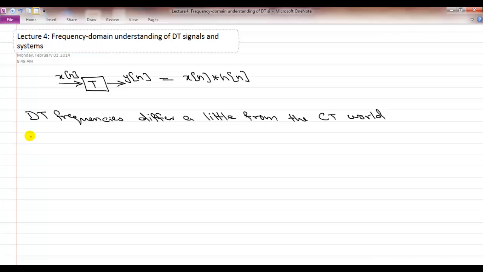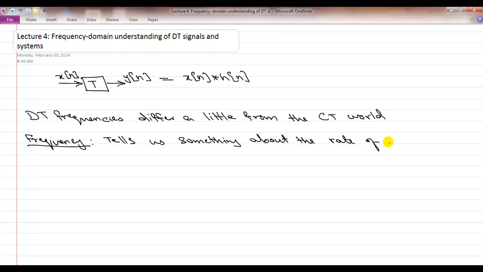Heuristically, the meaning of frequency stays the same, which is it tells us something about the rate of change of a signal. So that stays the same, but there are some fundamental differences between continuous time frequencies and discrete time frequencies.